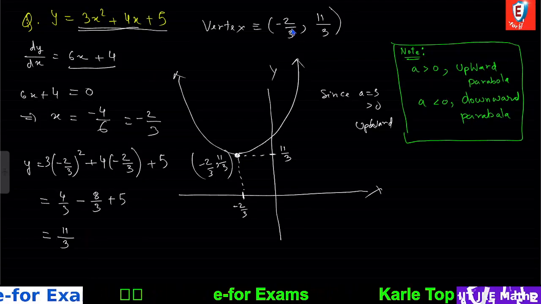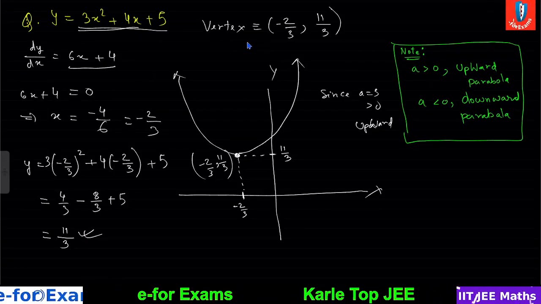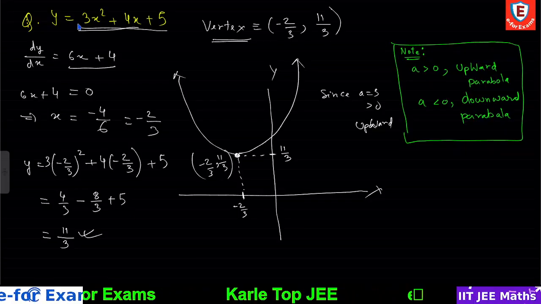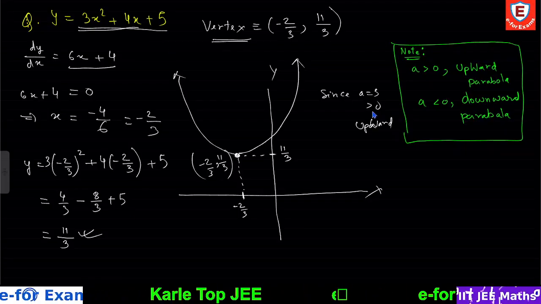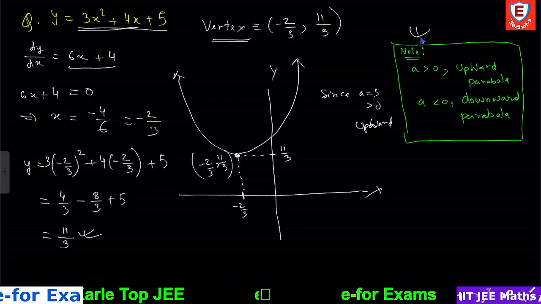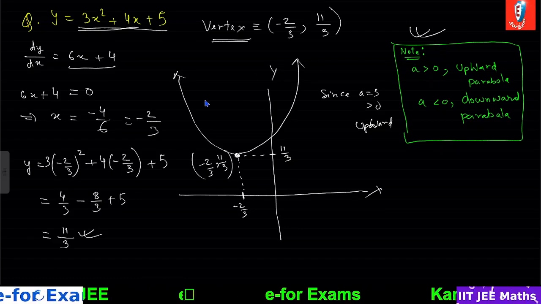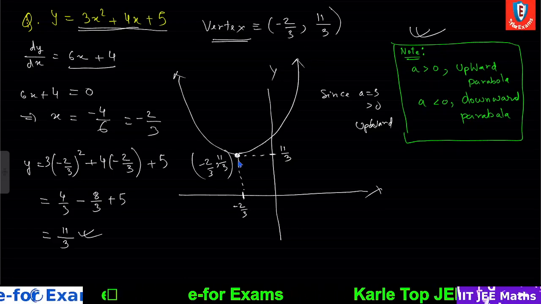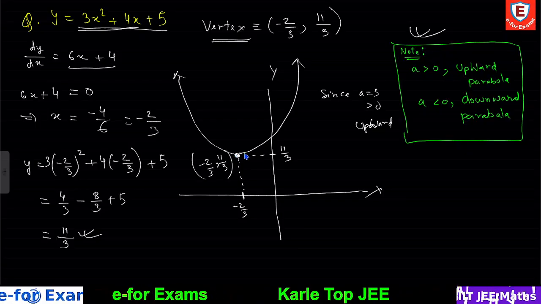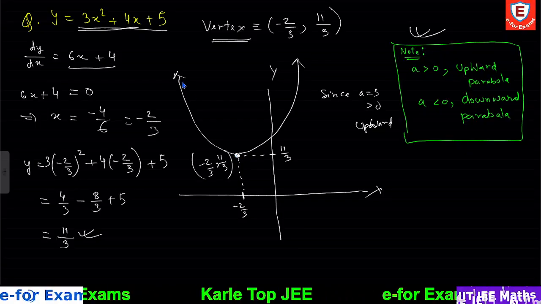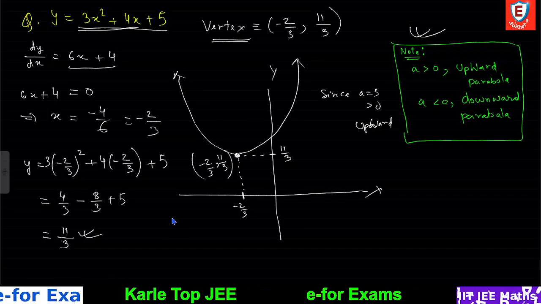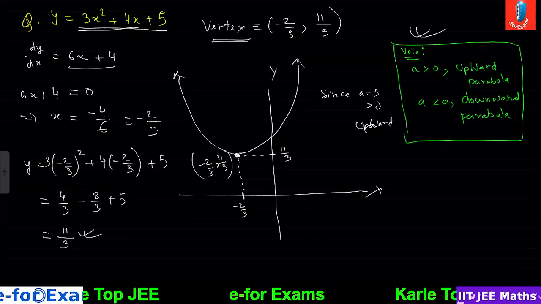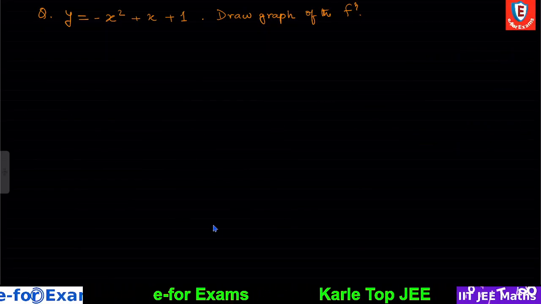These two values, x and y, form the vertex of the parabola. Since a is 3, which is greater than 0, as per this note, the parabola will be upward. So we drew an upward parabola passing through this vertex. Got it? Next question.